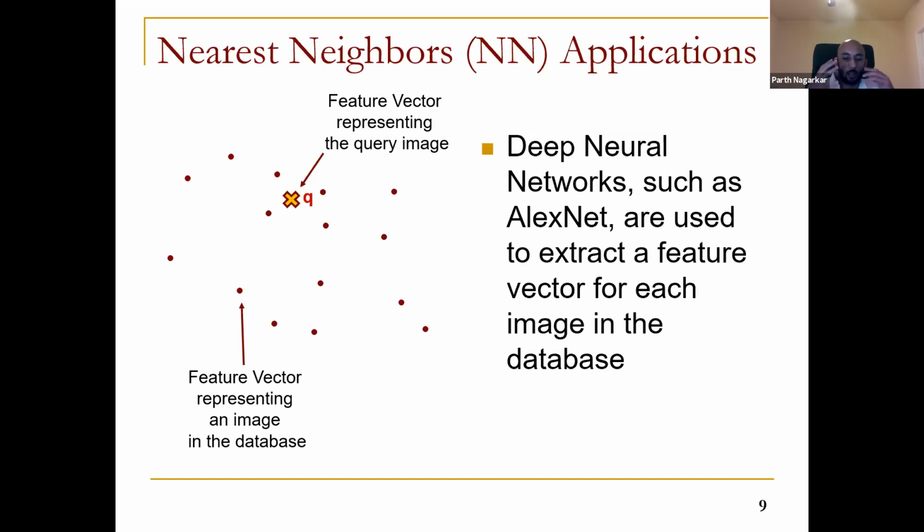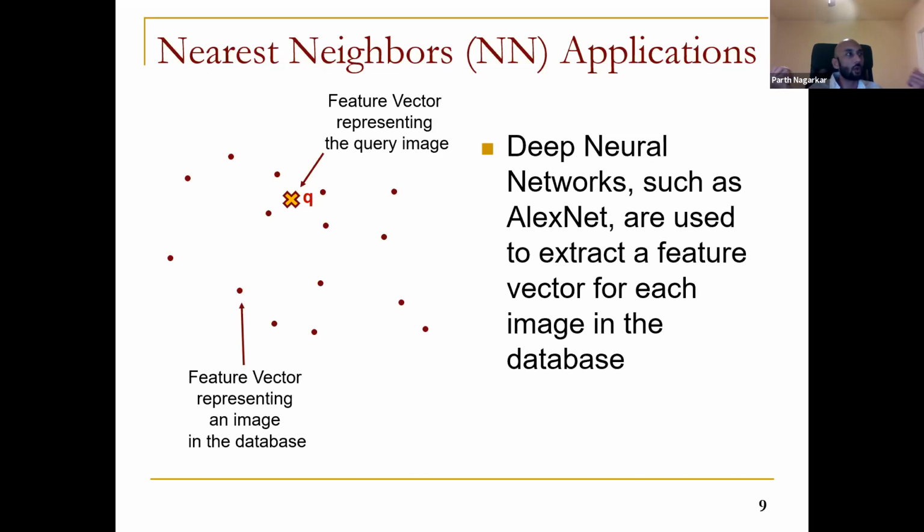That means that if you have an image in the database, you use the trained AlexNet or some other neural network to extract these features from the image. These features are stored as a vector of real numbers.